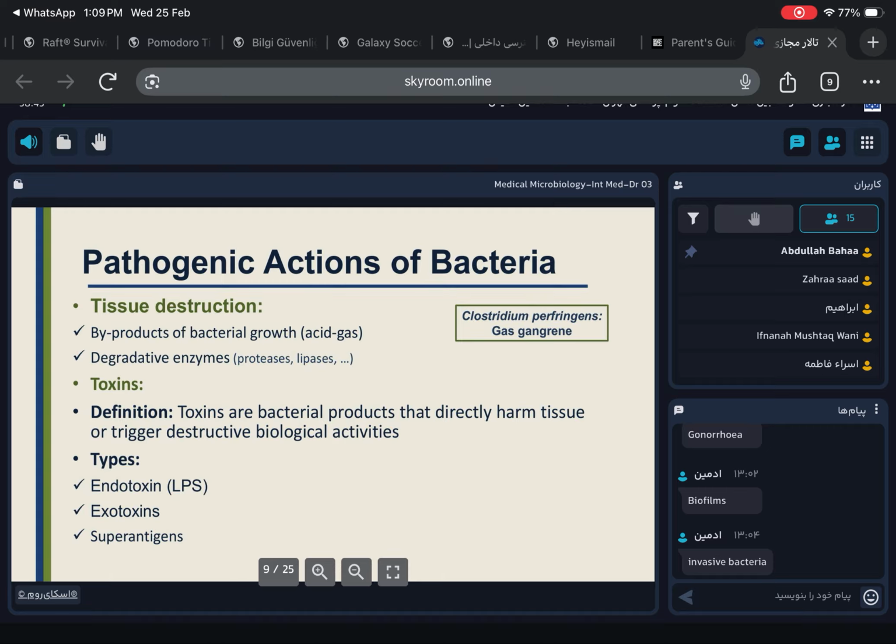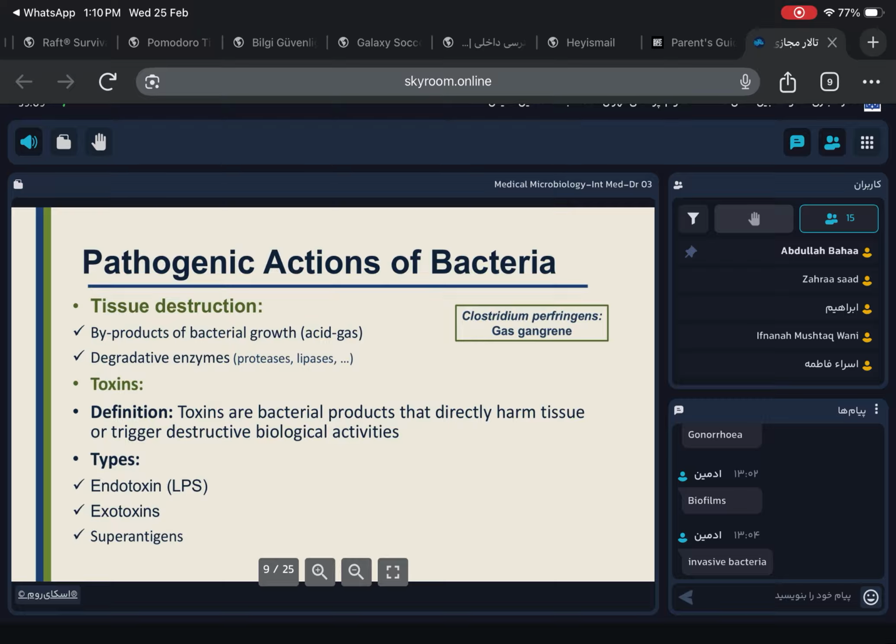So some toxins can just kill the cell. Some just change the normal function of the cell. We have three types of toxins. We have endotoxin or LPS, we have exotoxins, and also we have superantigens.